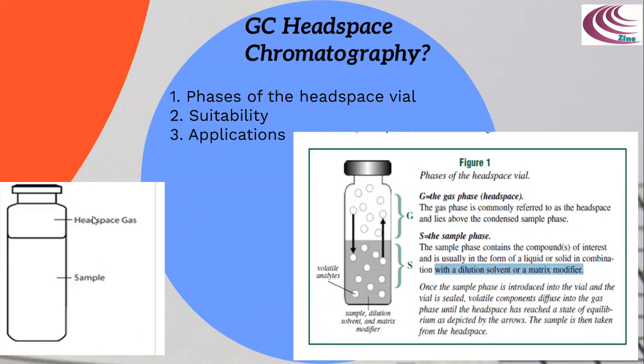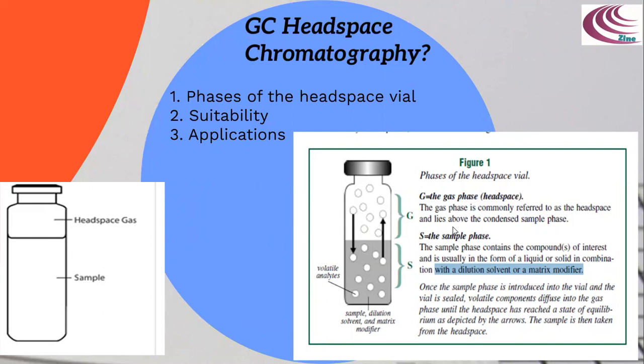Volatile sample components diffuse into the gas phase, forming the headspace gas. This is our sample for analysis. Whatever the volatile components, they get diffused and come over here as headspace gas. Headspace analysis is therefore the analysis of the components present in this gas.